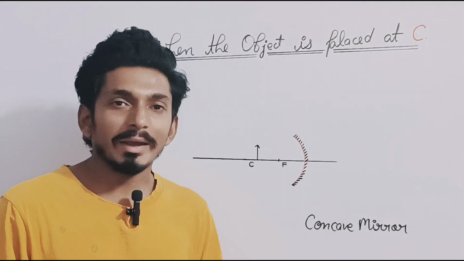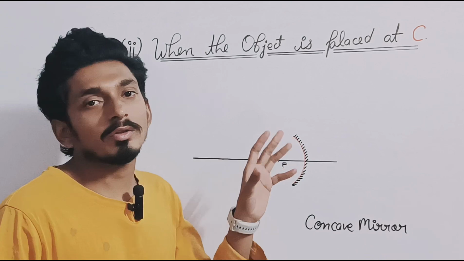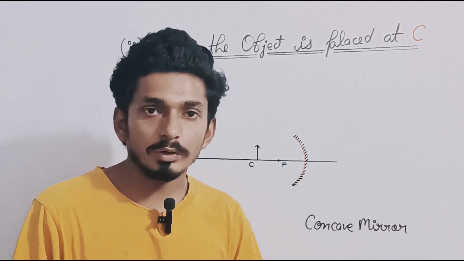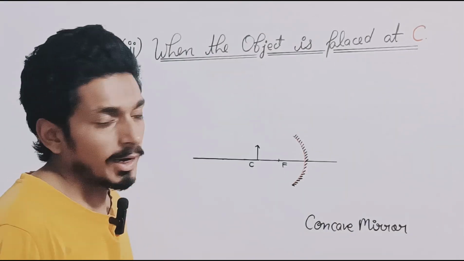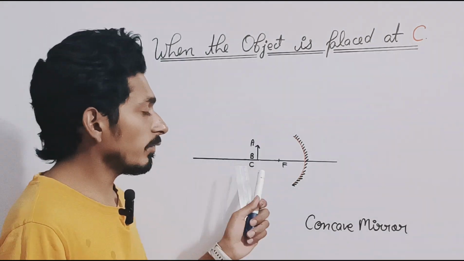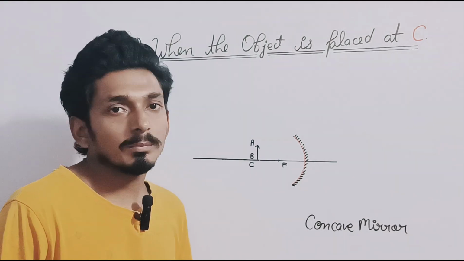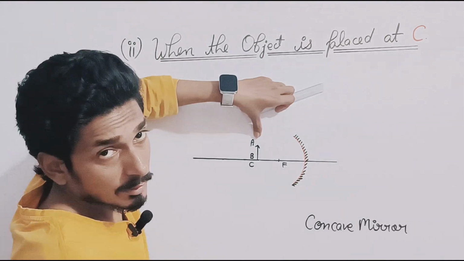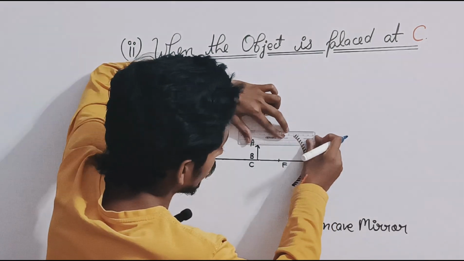For the second part, magnification, we also understand the concept of image formation by a concave mirror when the object is placed at C. So our object is placed at C. AB is the initial and final position, the top and bottom position of the object, A and B. Now we form the incident ray from A. First of all, we form an incident ray which is parallel to the principal axis.